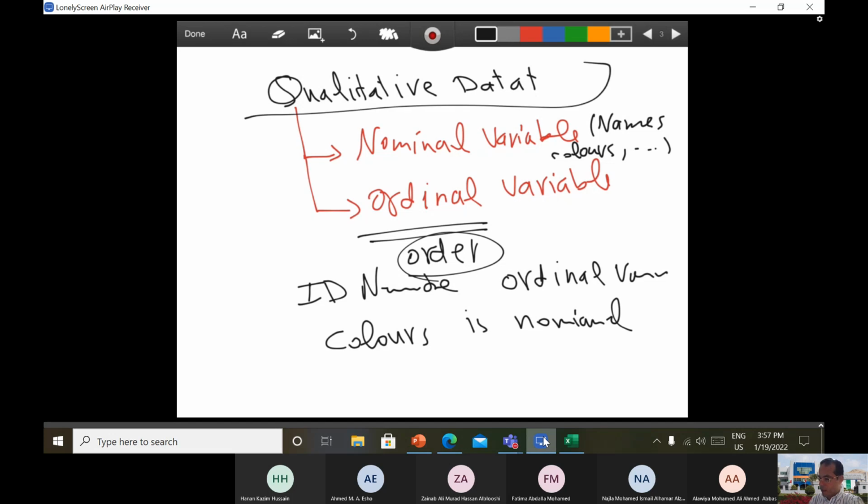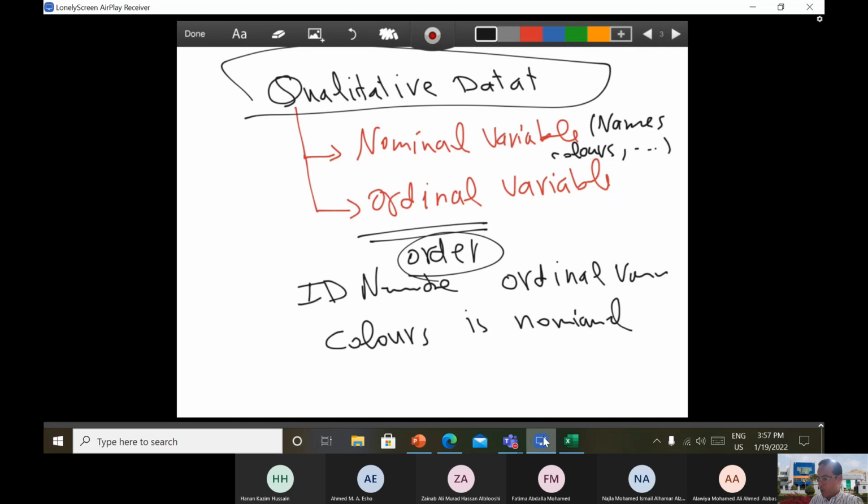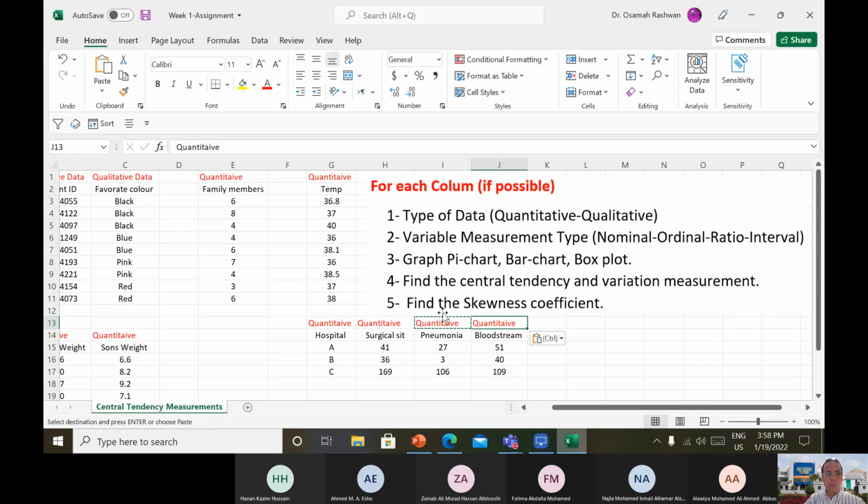So first you decide quantitative or qualitative. In the quantitative, you have two types of measurement for the variable, ratio or interval. In the qualitative data, you have two types, nominal or ordinal, right?